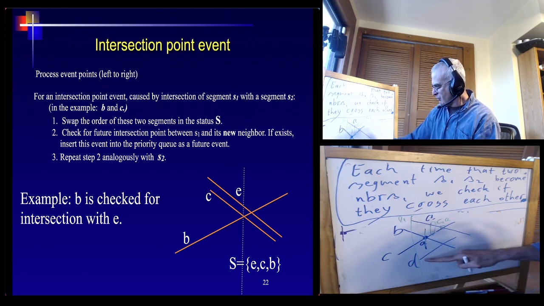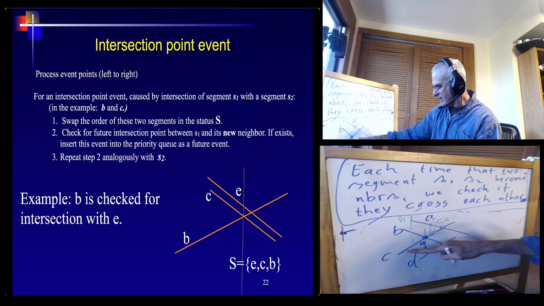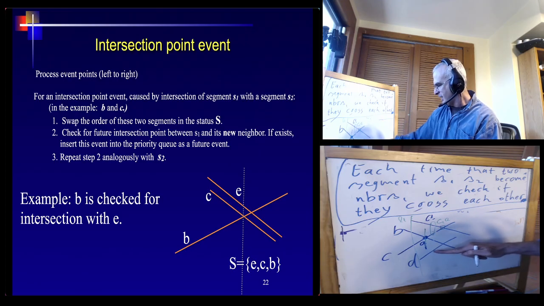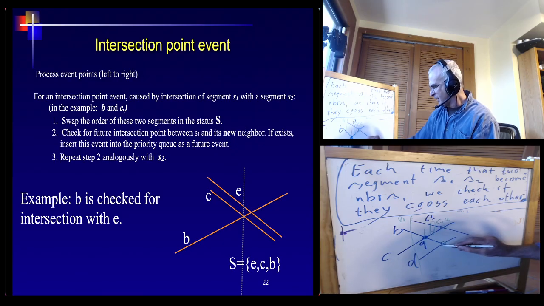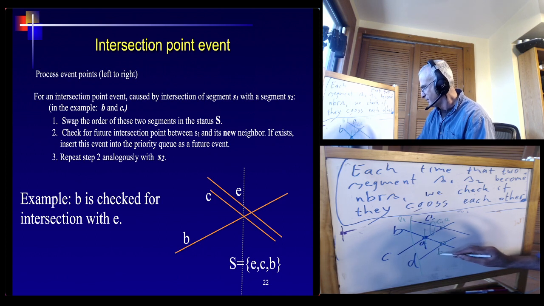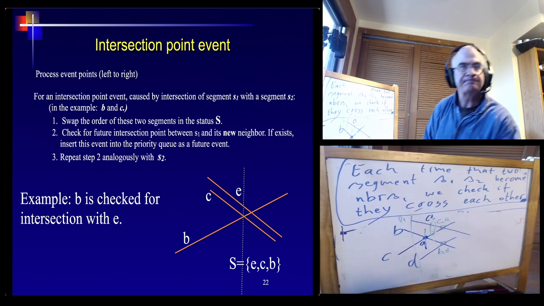Well, B wasn't a neighbor of D because C was stuck in the middle. When I hit Q, B is going downward, and now B and D are becoming neighbors. I check if they intersect in the future, and if yes, we find yet another future event, namely the intersection of B and D.